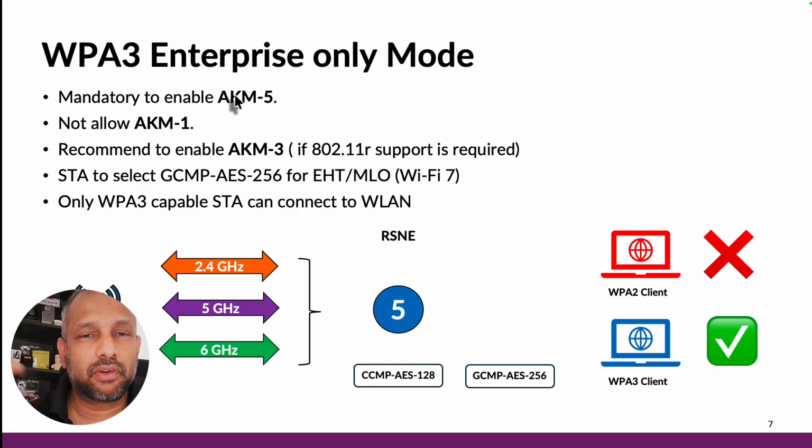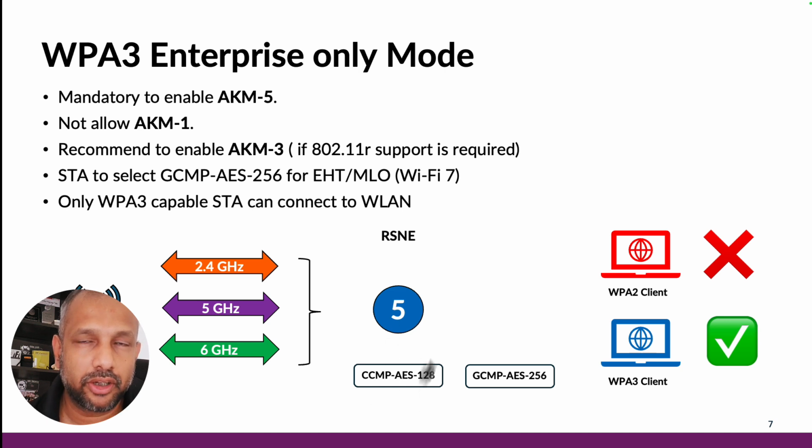But if you enable 11R on top of that, you will advertise AKM value 3. So from the client point of view, if your client supports 11R, they prefer to connect with AKM value 3. Still, you will get an MLO connection with the Windows client, Intel BE200. That means the Windows operating system supports WPA3 Enterprise even in the Wi-Fi 7 world.